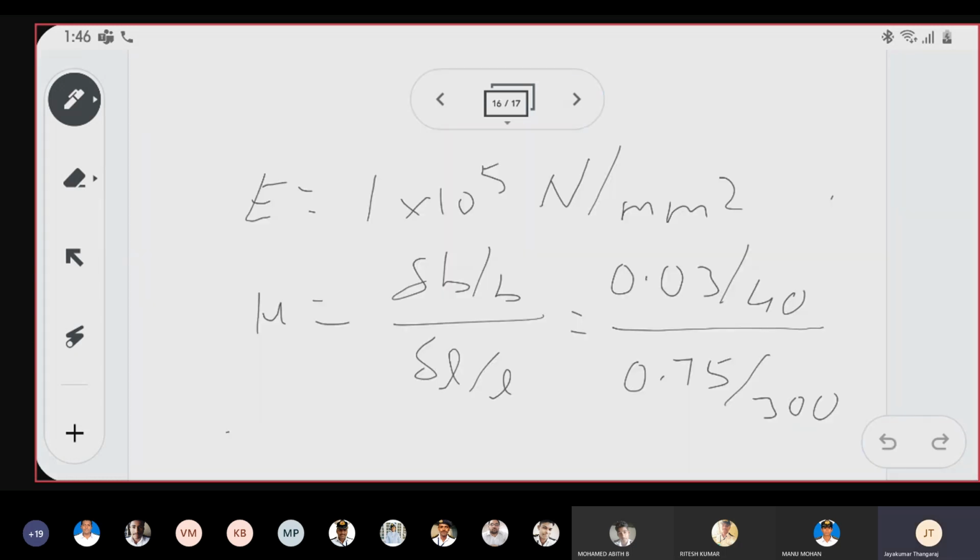You get E equal to 1 into 10 power of 5 Newton per mm square.